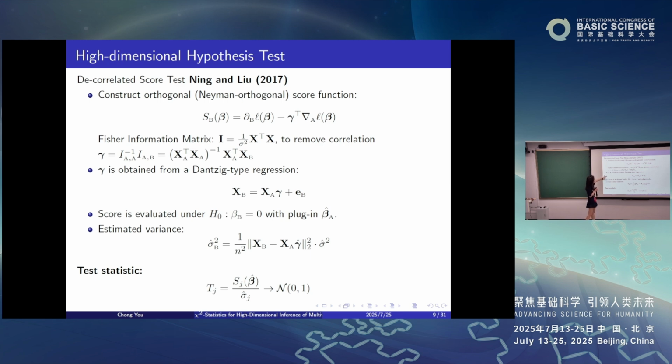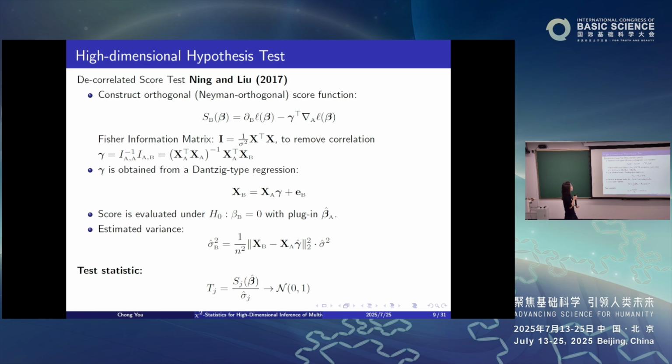The score function, as I mentioned before, is also a quite classical method for hypothesis inference. But the problem in the high dimensional test is that the components of the score vector become correlated to each other. Due to those correlations, the variance can be distorted.